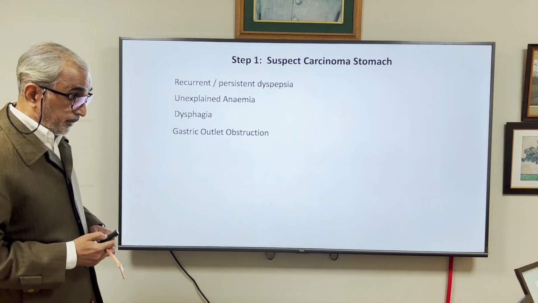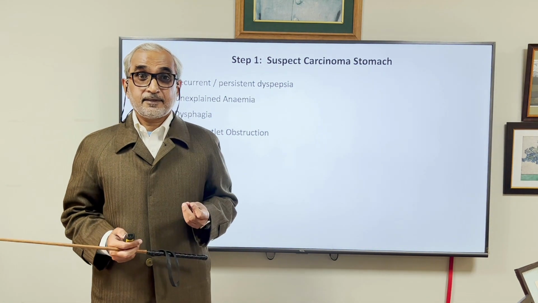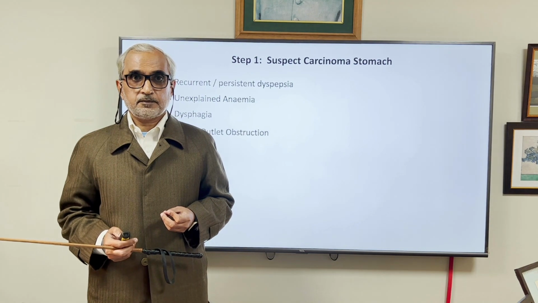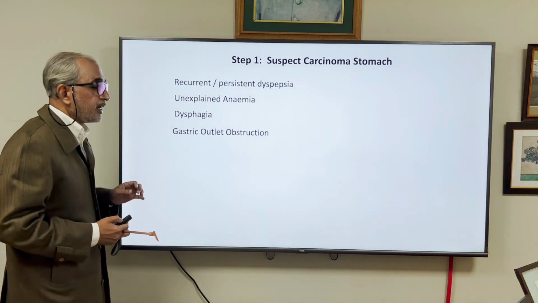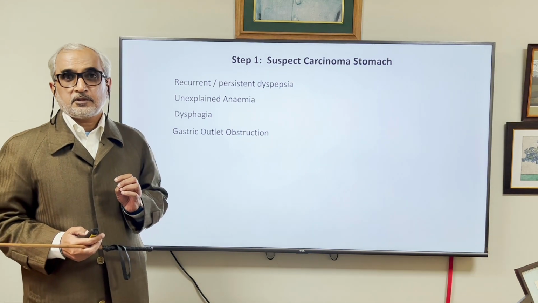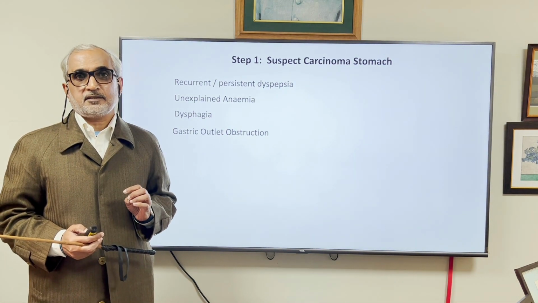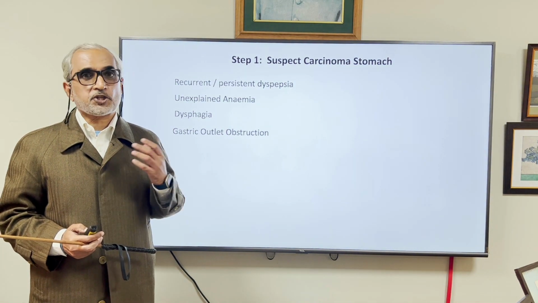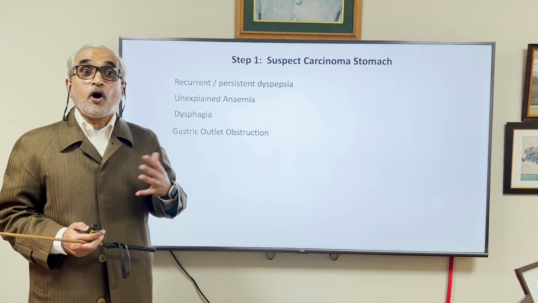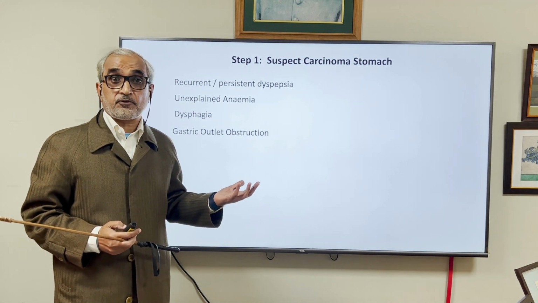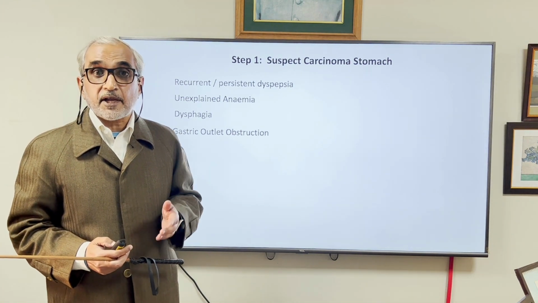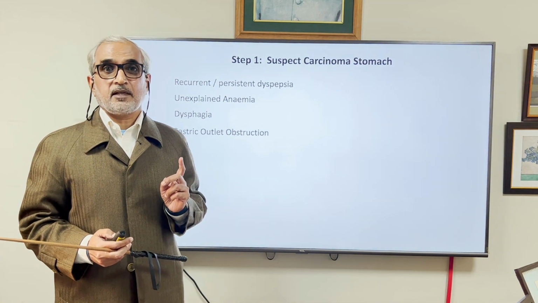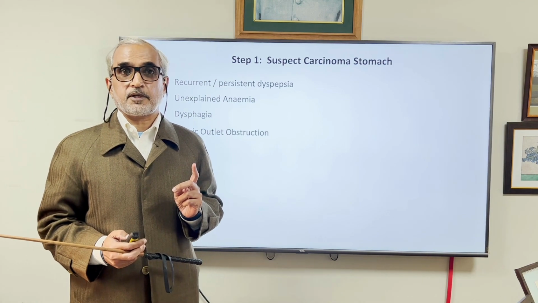Now coming to step 1, when you are going to suspect a patient could be having carcinoma. Generally speaking, any patient who has a recurrent or persistent dyspepsia which is not responding to the usual treatment, or maybe responding to the usual treatment of antacids, etc., and treatment of H. pylori, but is reoccurring again and again, one must suspect carcinoma stomach.